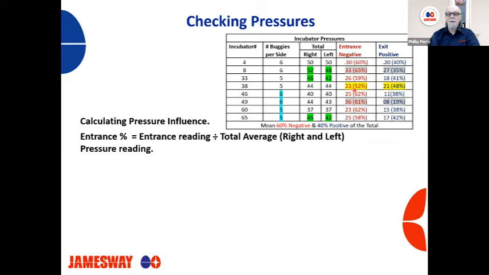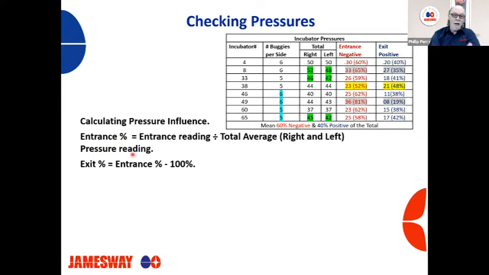It's almost a balanced cabinet between our entrance in and our exit in. Again, we got 62.38 here on 46. So how we calculate our entrance percentage is this value here. It's the entrance reading divided by the total average right and left, and that will give us our pressure reading.